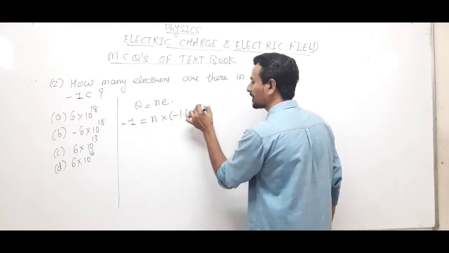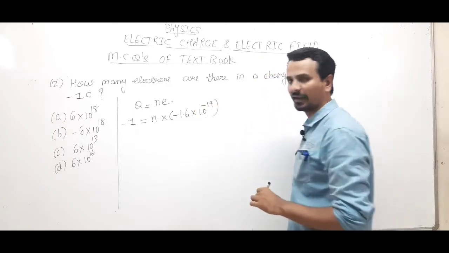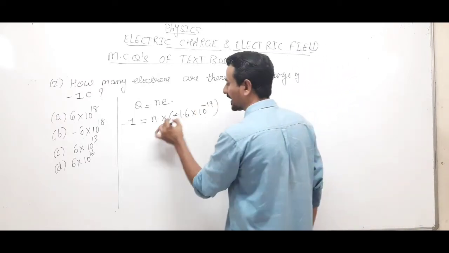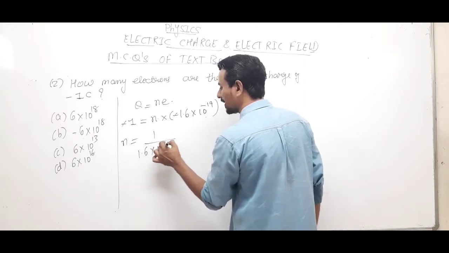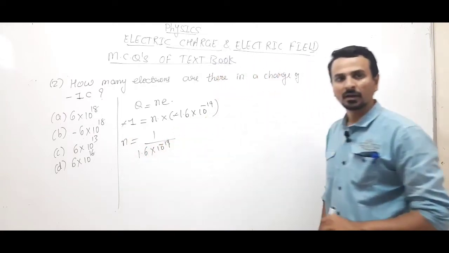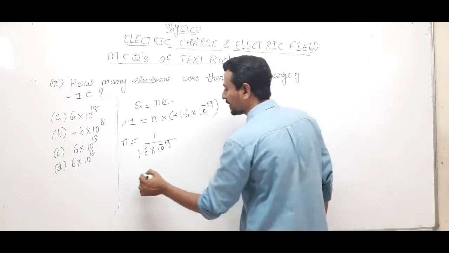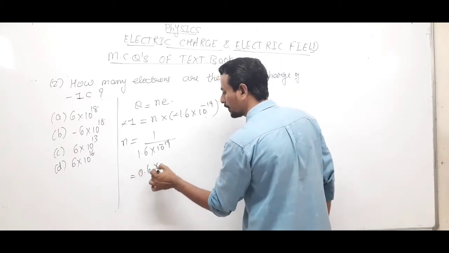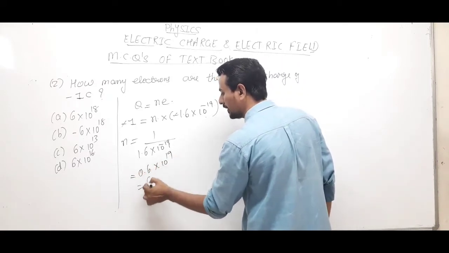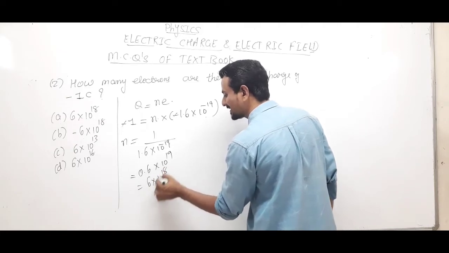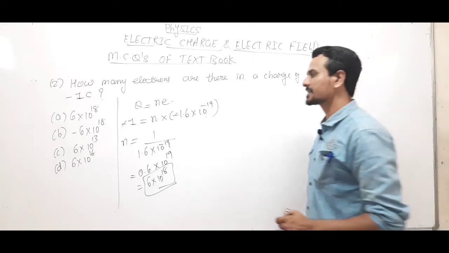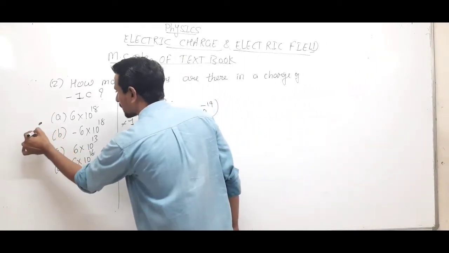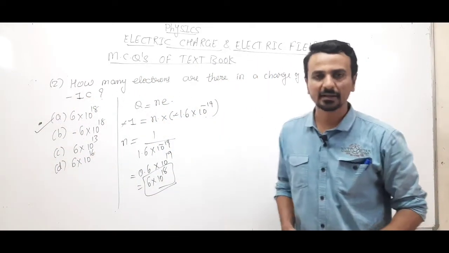Charge of one electron is -1.6 into 10 raised to -19. So N will be equal to 1 upon 1.6 into 10 raised to -19. Clear? 1 by 1.6 is nearly 0.6 into 10 raised to 19, or you can say 6 into 10 raised to 18 electrons are there in a charge of -1 coulomb. So this is your option. Clear? Done? Fine. The next one.